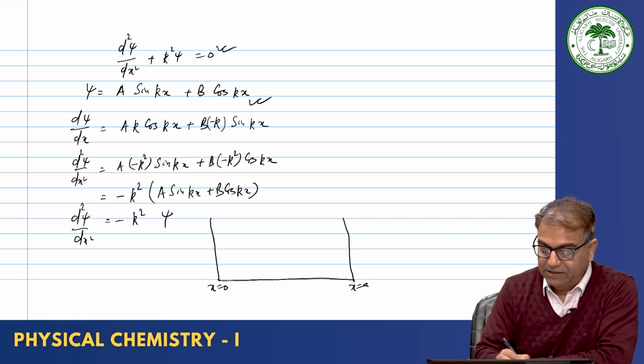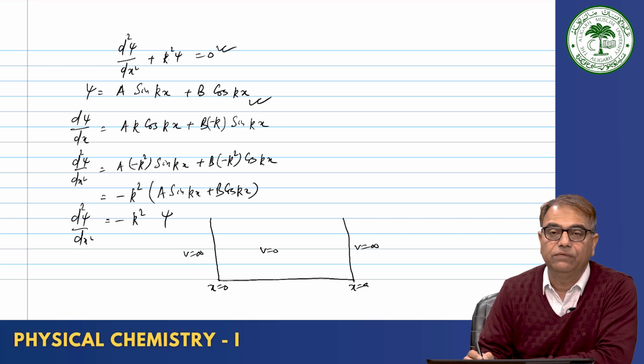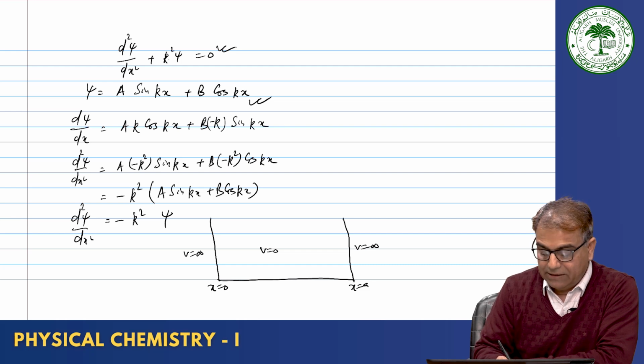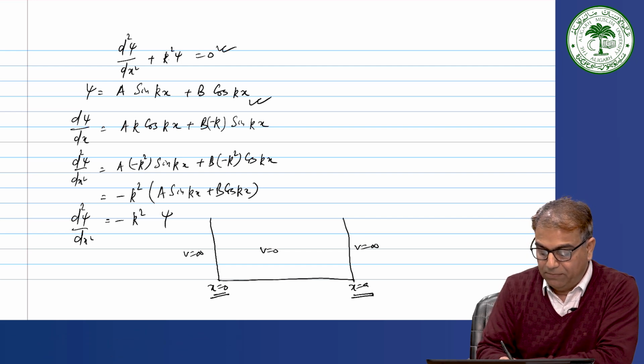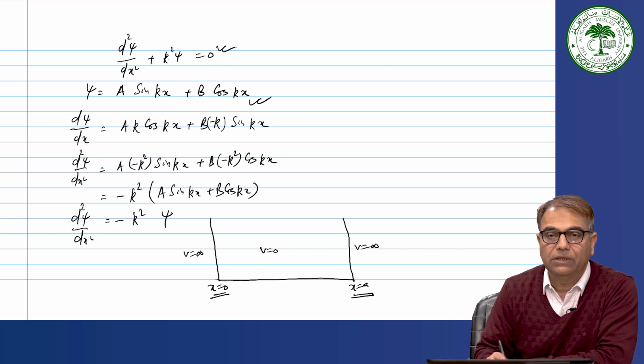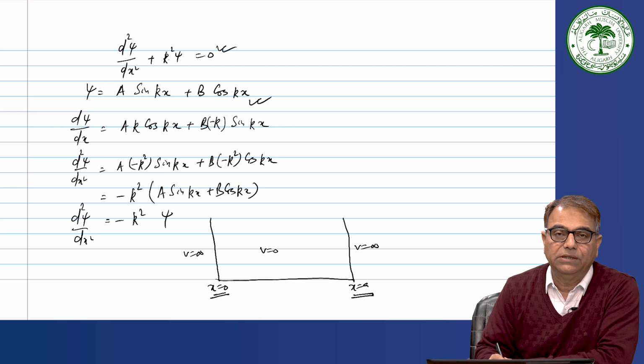Here there is a drastic change in the potential also, from V is equal to 0 to V is equal to infinity, and here also V is equal to 0 to V is equal to infinity. It means that at this point the wave function should be 0, and at this point also the wave function should be 0. There is no point beyond x is equal to 0 and x is equal to a, the particle cannot exist because the potential energy is infinity.